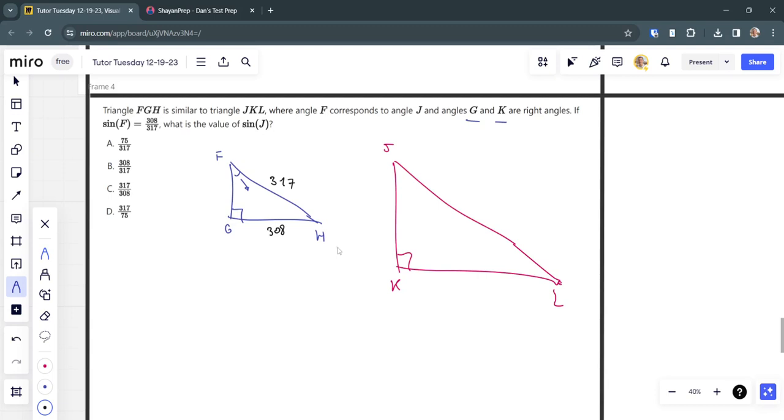So if we want to find sine of J, well, this is a similar triangle, right? So this angle actually corresponds to this one. It may not be the same side length, but it's the same ratio, which makes sine of J equal to the same thing, 308 over 317. That's answer choice B.